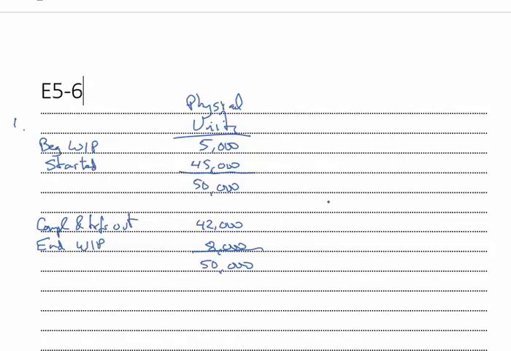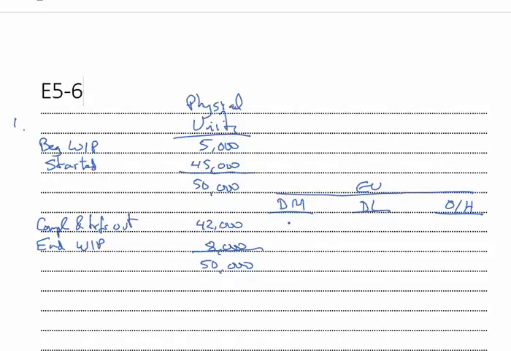So all it really means is we got 3 columns here, right? We got direct materials, direct labor, and overhead, all of which are under the umbrella of equivalent units.